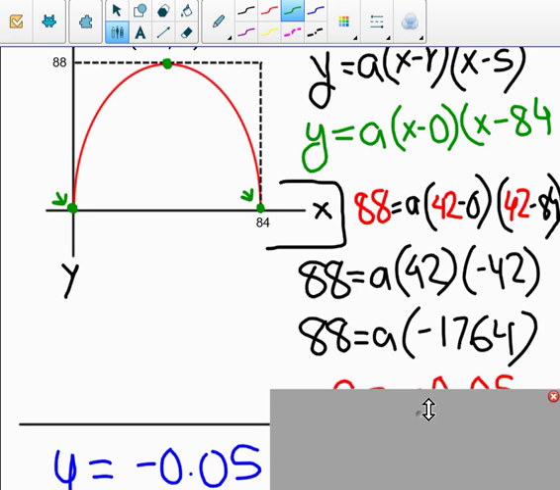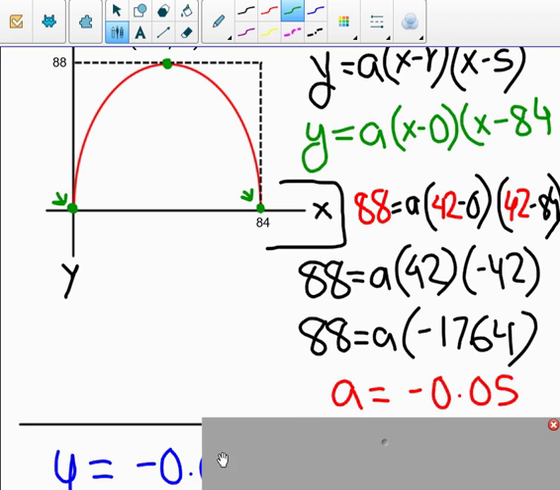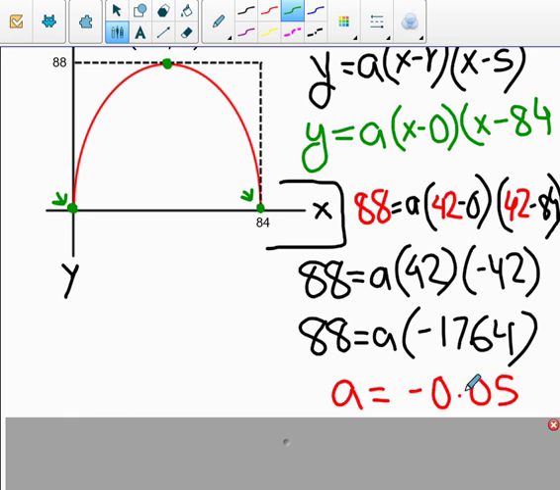And then we've got a equals negative 0.05, because negative 1764 divided by 88 equals negative 0.05. So that's our a. We found the a.